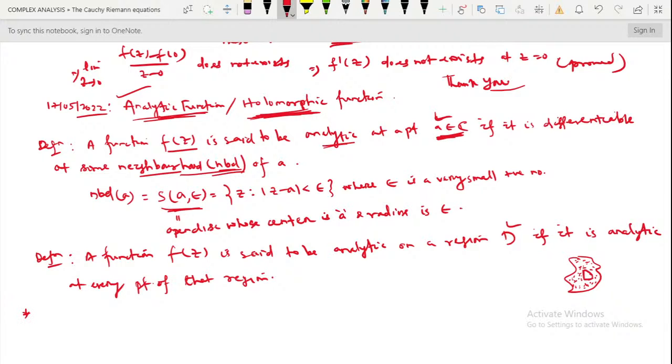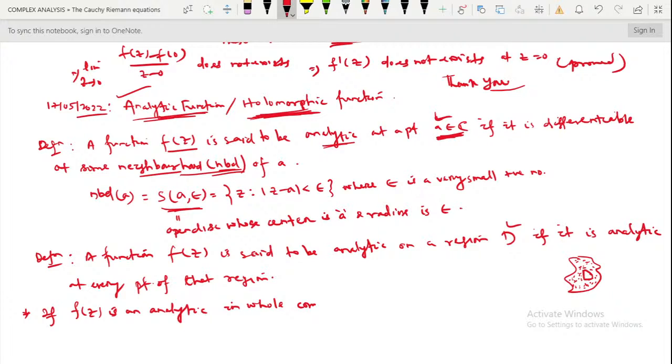Also, you may note that if f is analytic in the whole complex plane C, then it is said to be an entire function.